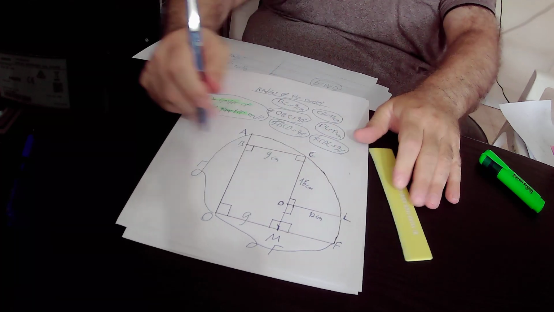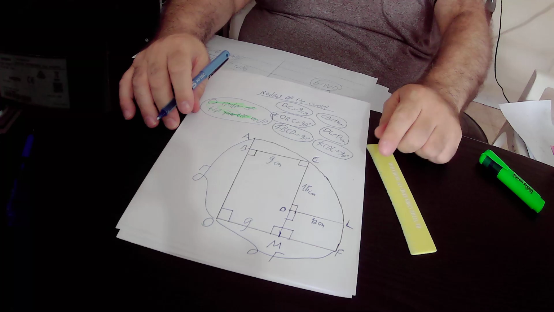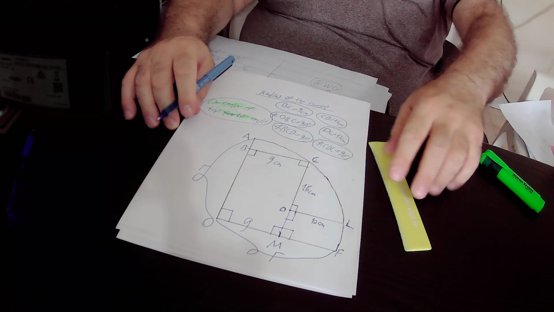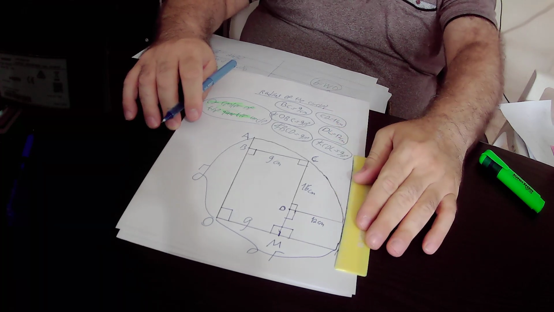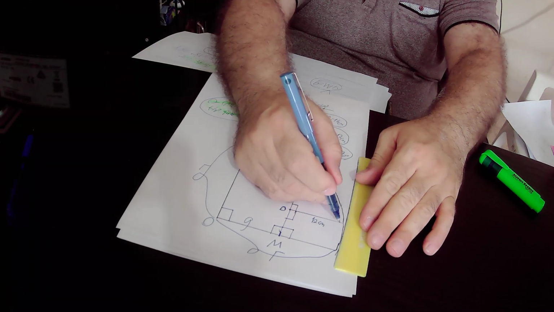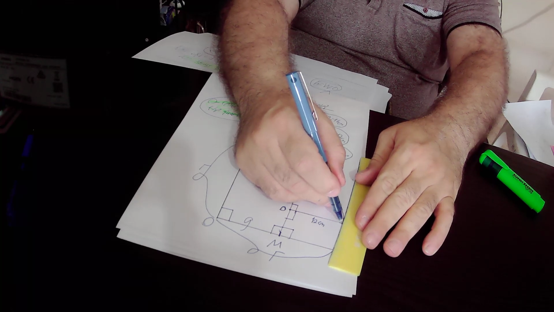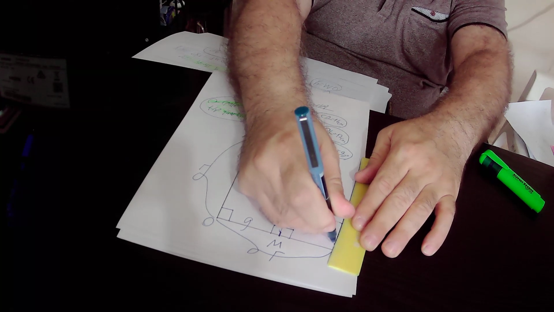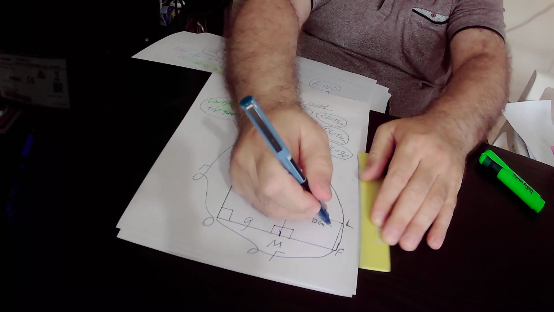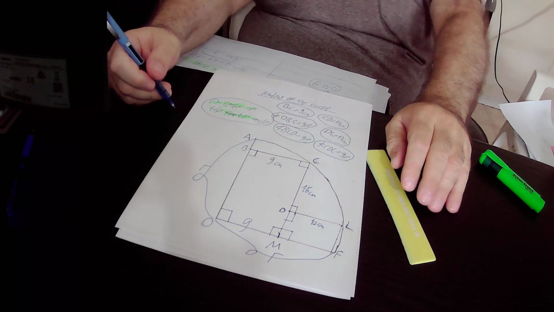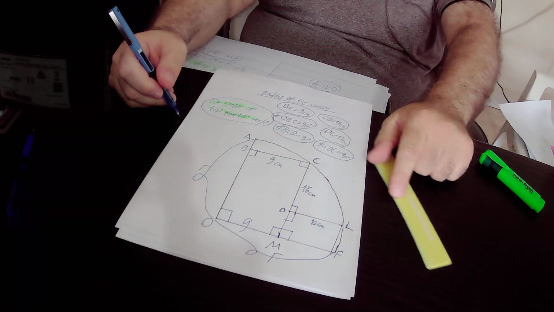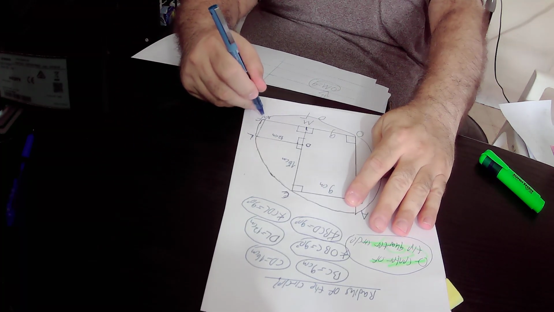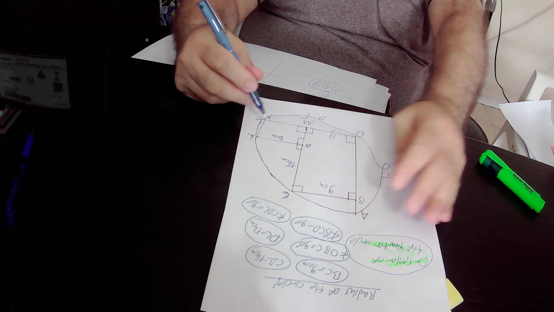In the next step, we will do a construction from point L. We will draw a perpendicular on the radius OF of the quarter circle. Here, from point L, we draw a perpendicular on the radius OF of the quarter circle. And we define the touching point of the perpendicular from point L and OF as point N. Point N is the touching point of the perpendicular from point L and OF.